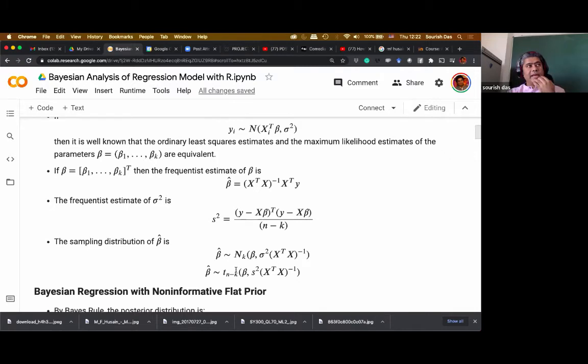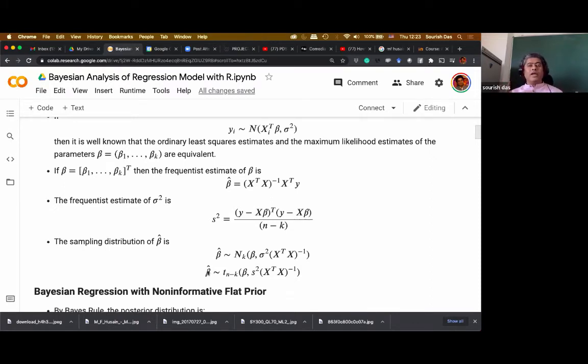The sampling distribution is saying that if I repeat the experiment many times, which is neither practical nor pragmatic, but just imagine it as a thought experiment. Every time you repeat the experiment you get data and can estimate beta hat, and those beta hats will be in the surrounding neighborhood of beta.